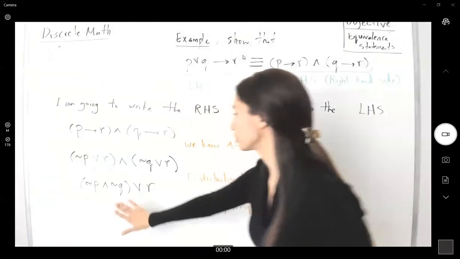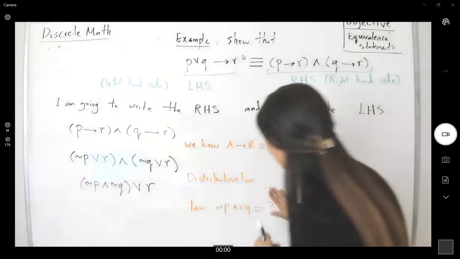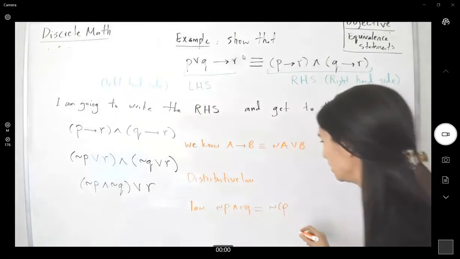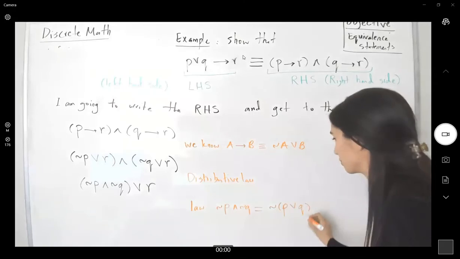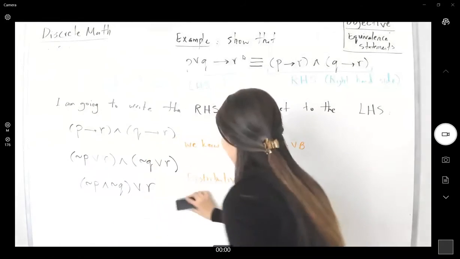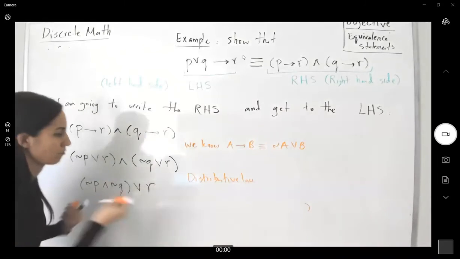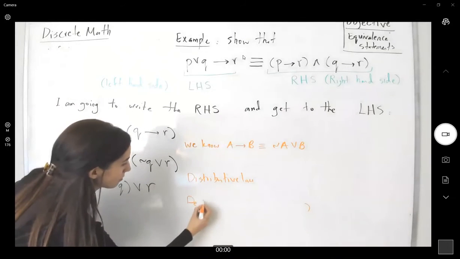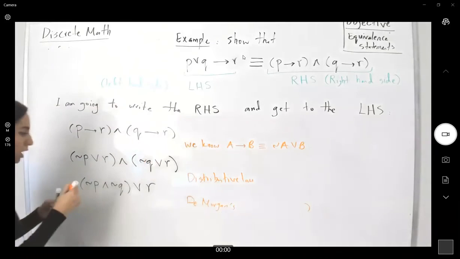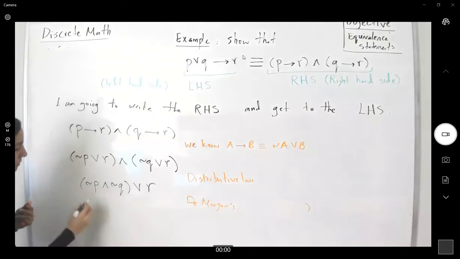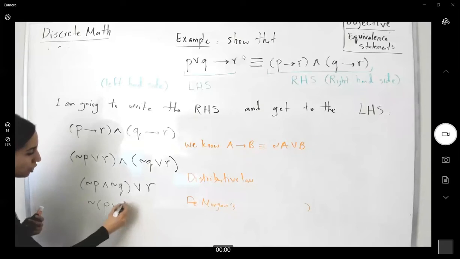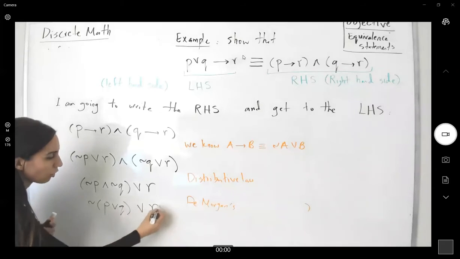So now we're going to use De Morgan's law and write it as not P or Q. So this is De Morgan's law. Well, so this can be written as not that P or Q, or R.